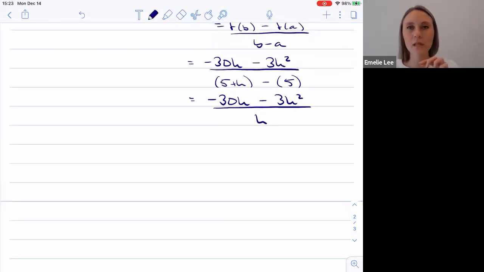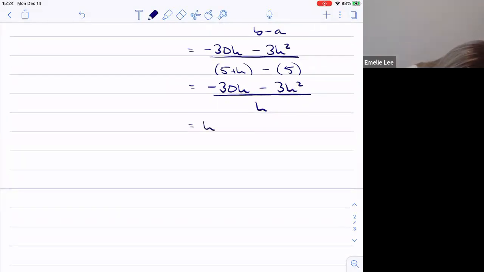Now, I'm going to show the h factored out in the numerator just to emphasize that it has to, so in order to cancel this h in the denominator, I have to have an h multiplying everything up top, right? Otherwise I can't do it. So I'm going to emphasize that by pulling one out and then canceling. If you just went straight to canceling here, that's totally fine. Okay.